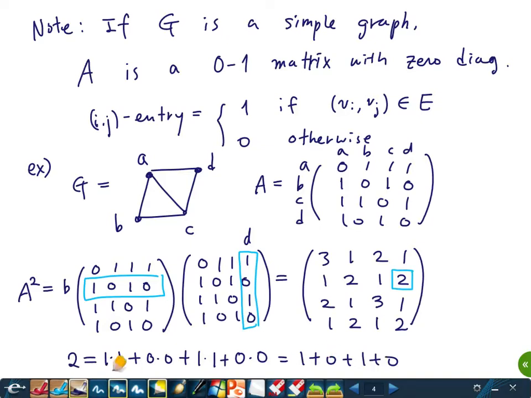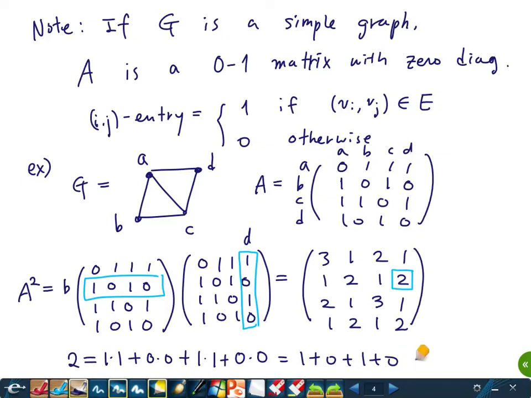But if you look at every term carefully, we get 1 or 0, right? Because we multiply 0 or 1. If you multiply 1 and 1, then we get 1. Otherwise, we get 0: 0 times 1, or 1 times 0, or 0 times 0, we get 0.